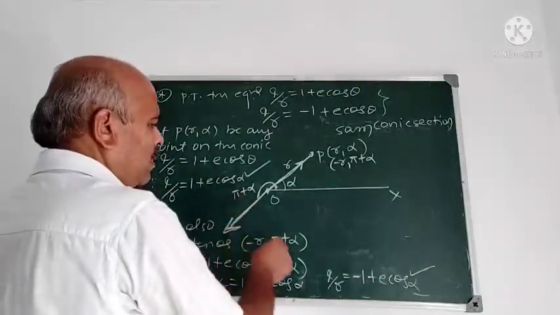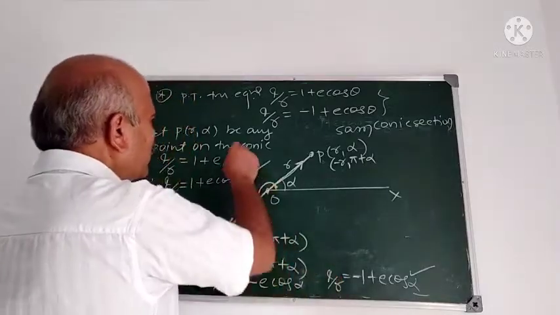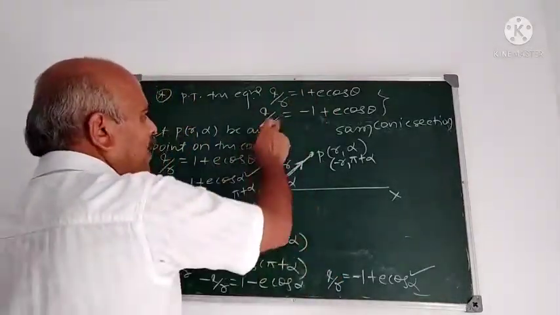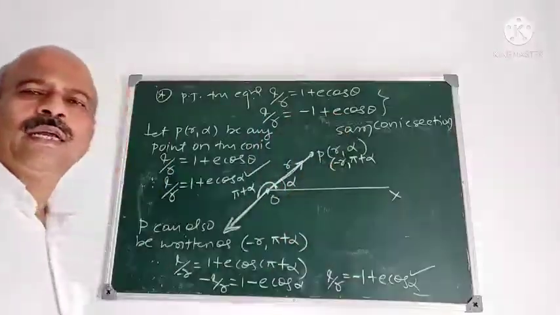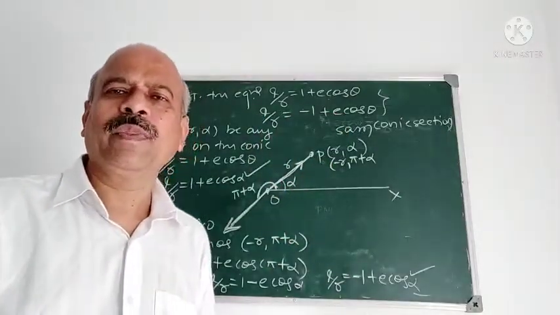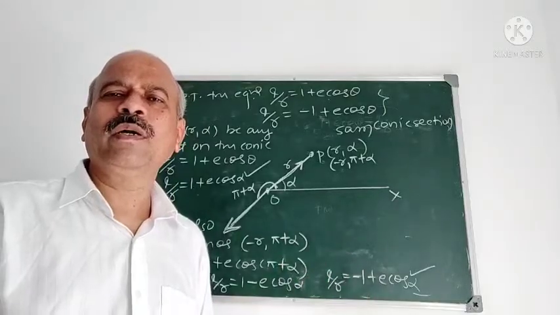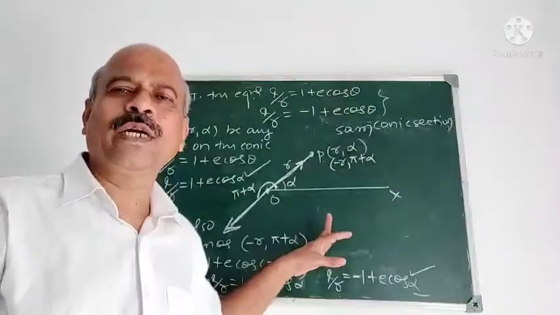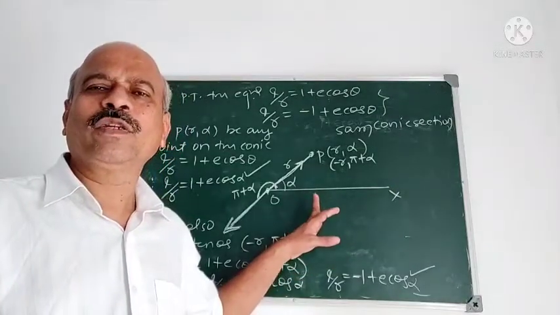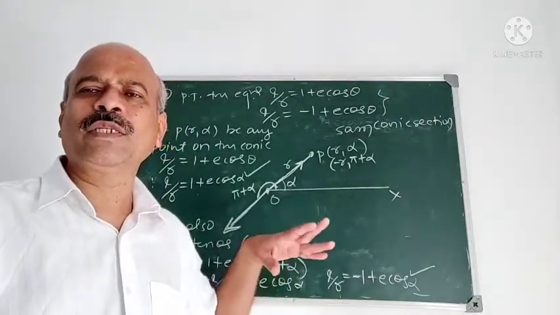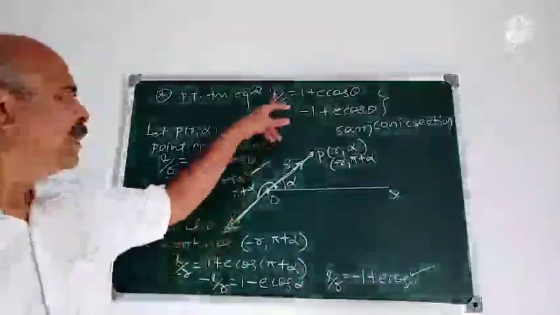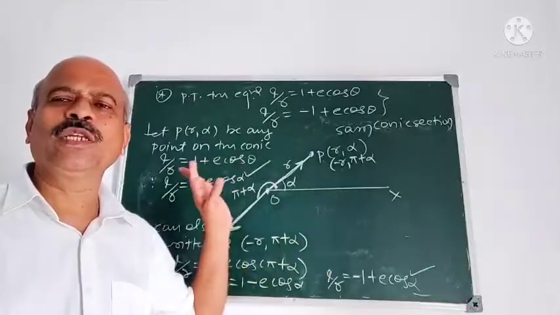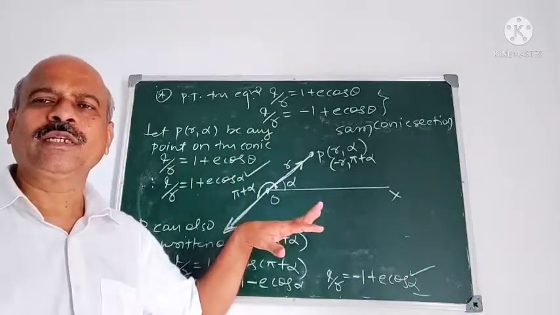Therefore, what are these equations? l by r is 1 plus e cos theta and l by r is minus 1 plus e cos theta are nothing but the same. They represent the same conic section. So in this video I have derived the polar equation of the conic in the form l by r is 1 plus e cos theta, and explained that l by r is 1 plus e cos theta and minus 1 plus e cos theta represent the same conic section.